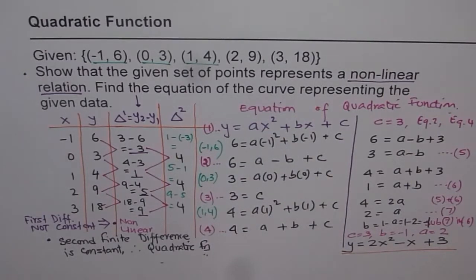Using 3 points from the given data, we can find the values of the 3 unknowns a, b and c. Best points to select are with x values of minus 1, 0 and 1. And then we got our equation by following a systematic process of elimination and substitution. That is what it is.